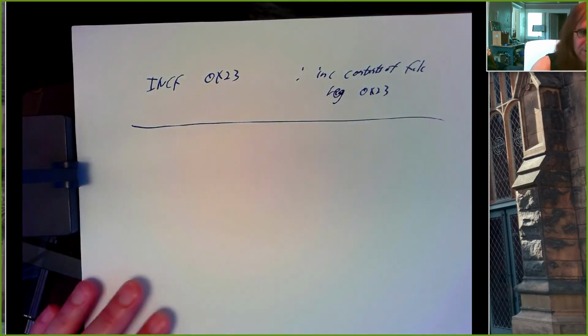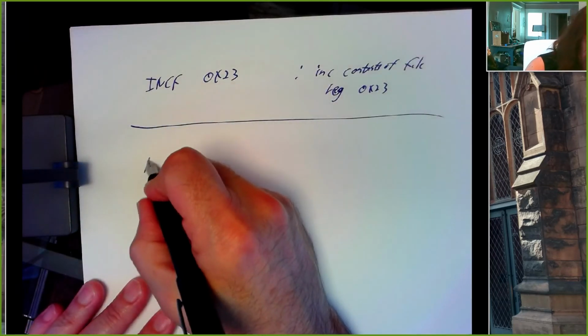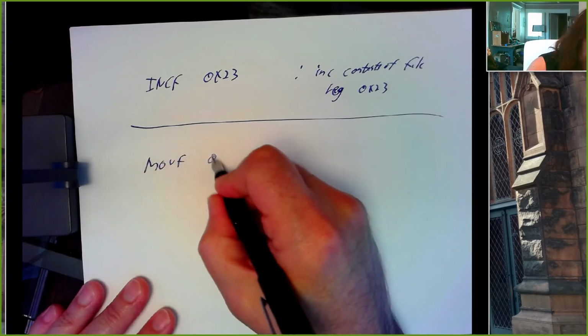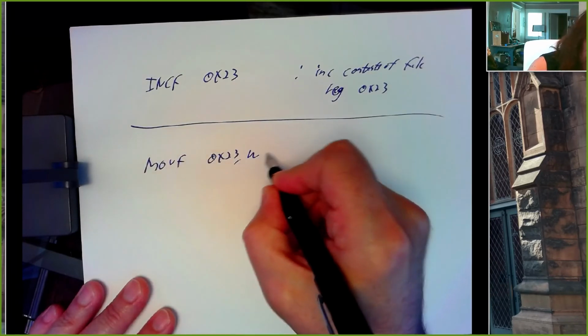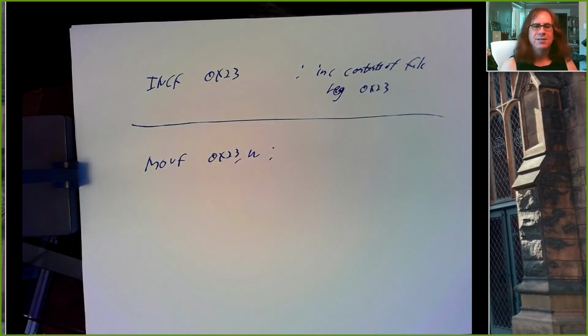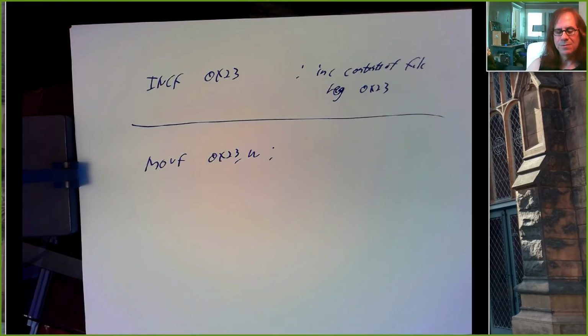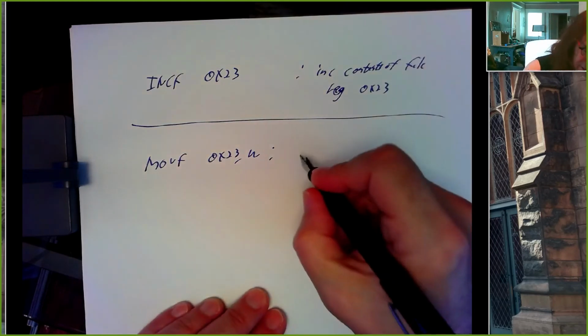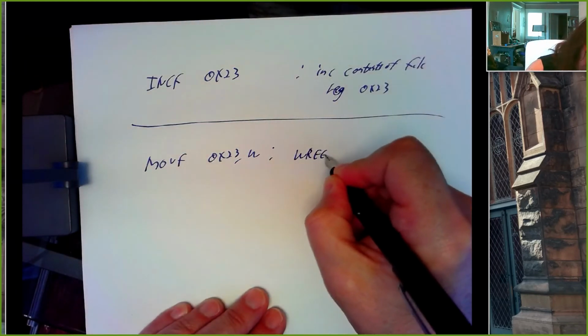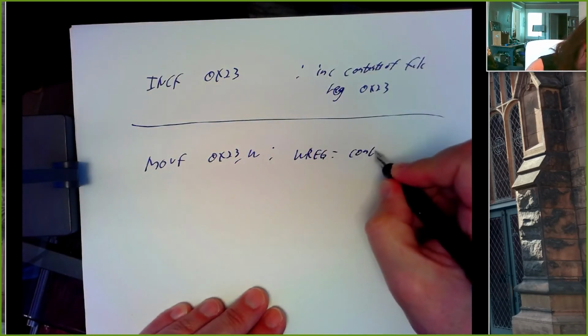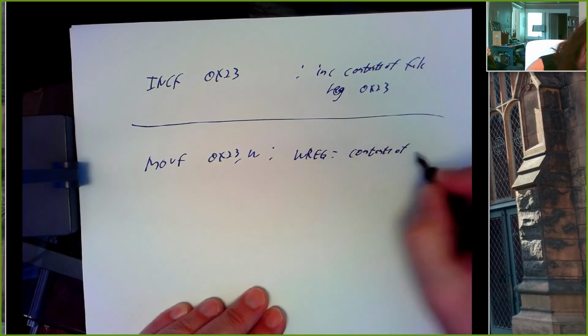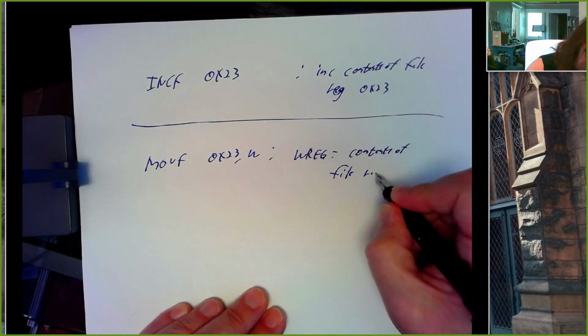Okay, this gets a little confusing when we look at something like MOVF 0x23, W. This does not set W equal to 23. This sets the W register equal to the contents of file register 23.